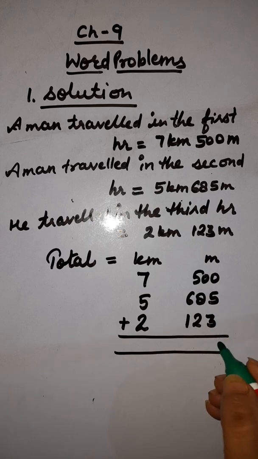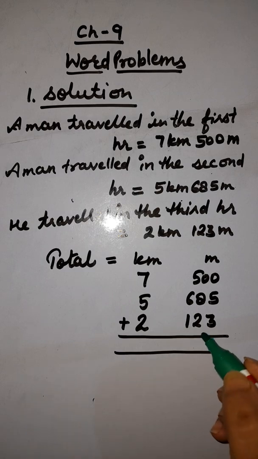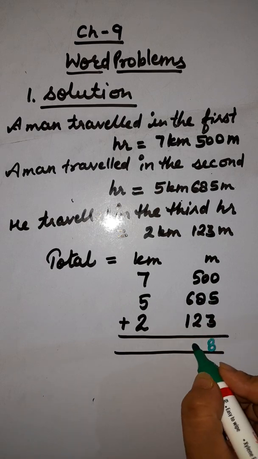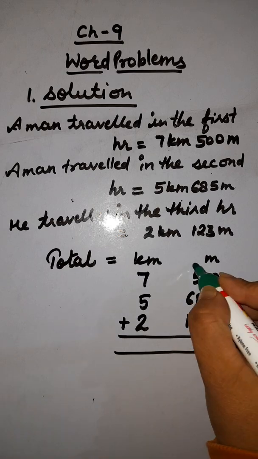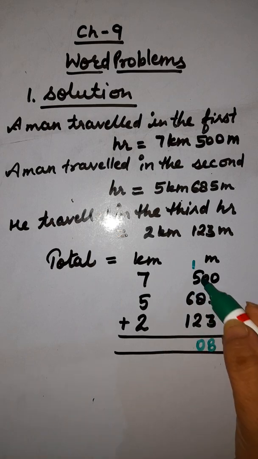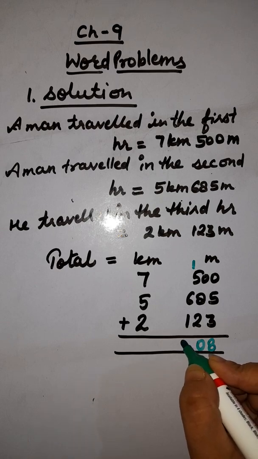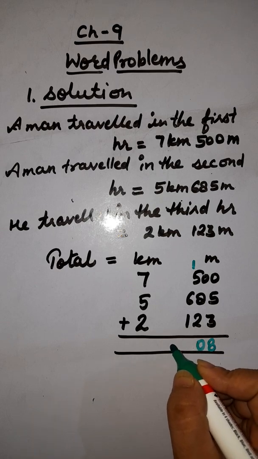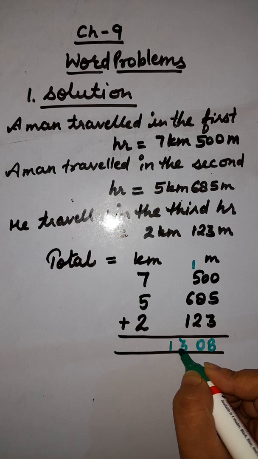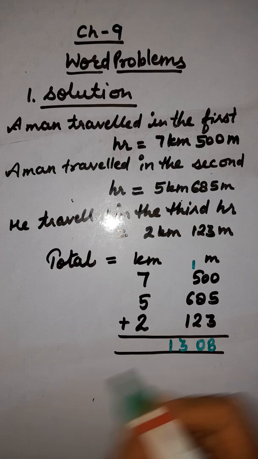Here we have 5, 3 and 0 in the ones place. So 5 plus 3 plus 0 will get 8, and 8 plus 2 plus 0 will get 10, but we'll write only 0 here and 1 carry. Then 5 plus 6, 11, 11 plus 1, 12, 12 plus 1, 13. So can we write here 13 altogether? Students, this is the column of meter and we have written here 13 altogether.